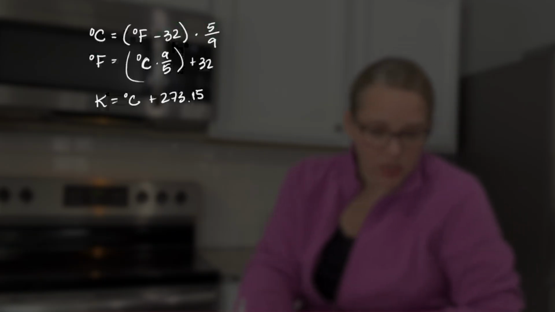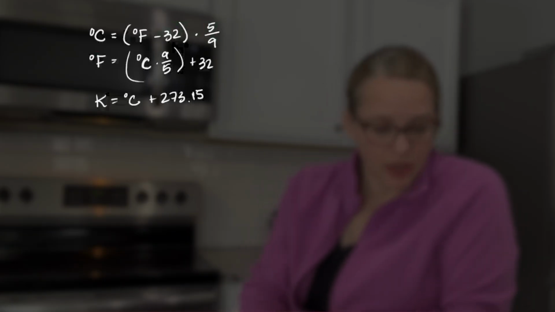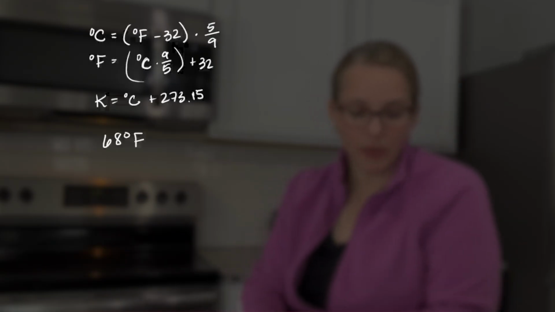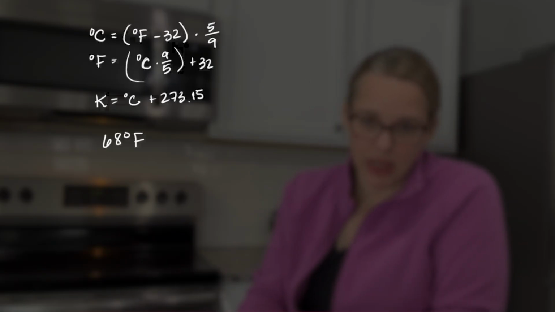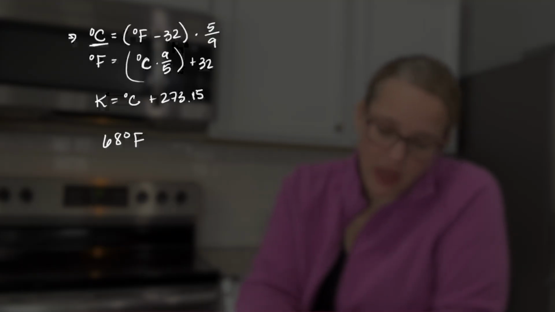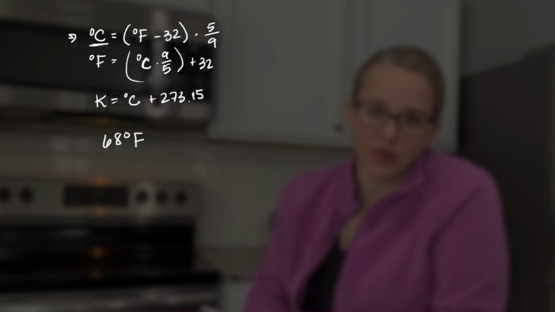So if I start off with 68 degrees Fahrenheit, how am I going to figure out how many degrees Celsius that is? Which one am I going to use? I think you're gonna use the first one. Right. We're going to use this top one because we're trying to come up with what degrees Celsius is, and we already know the degrees Fahrenheit.